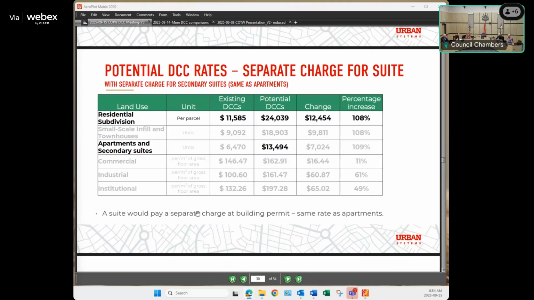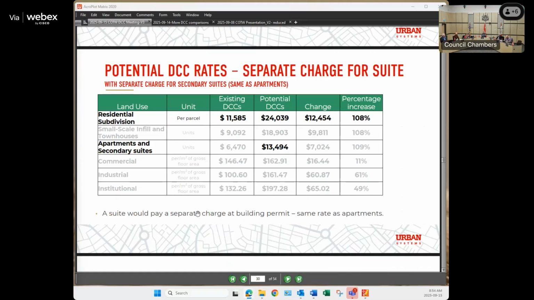So not every residential homeowner looks at this as a great thing. It's more a last resort, and maybe they have families. So I don't think we should automatically include the charge for secondary suites, and we should try to make this as gentle a transition as possible.